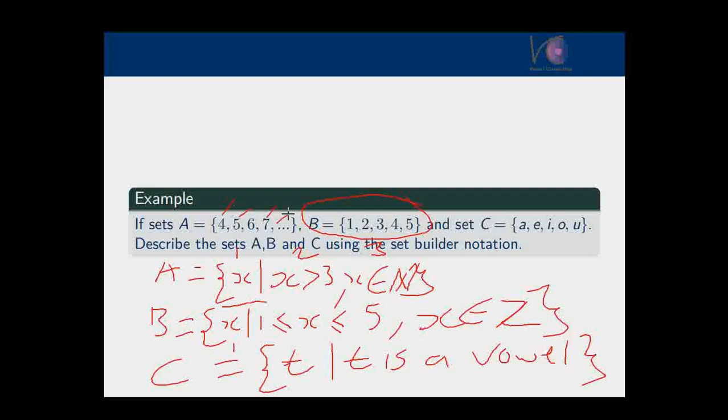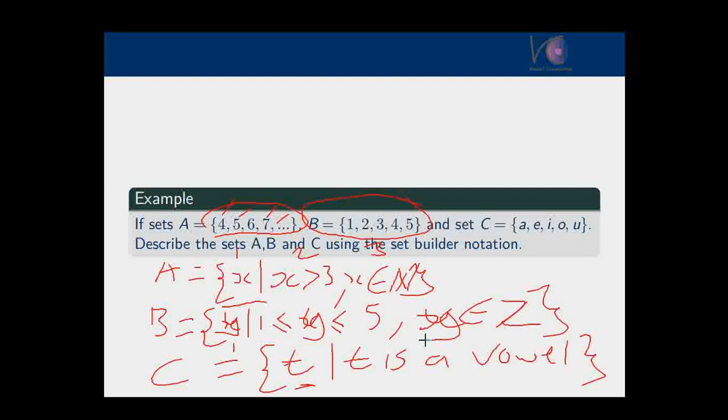If I say X such that, it means X can be anything from this set. So X is arbitrary. That's why on set C I've used T. Perhaps I would have used Y on set B. So Y can be anything.